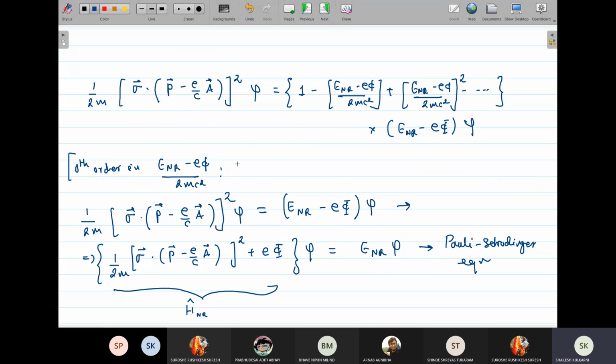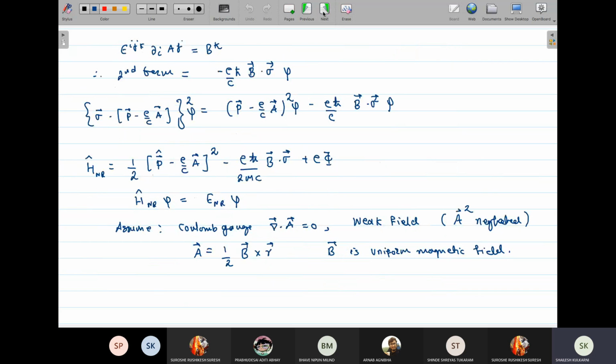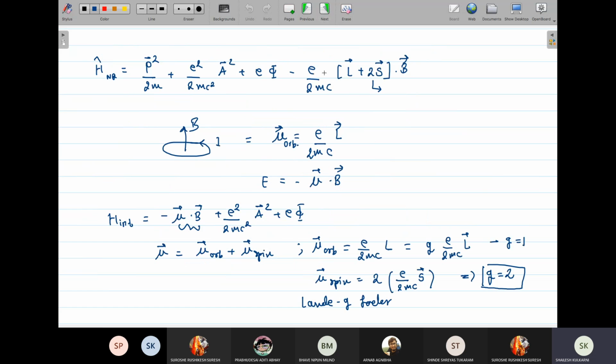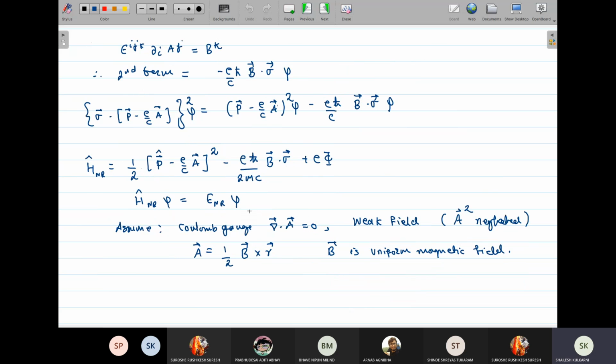Now you might be wondering what the first order, second order terms will do. This is what we get when we set up the magnetic field in this way.